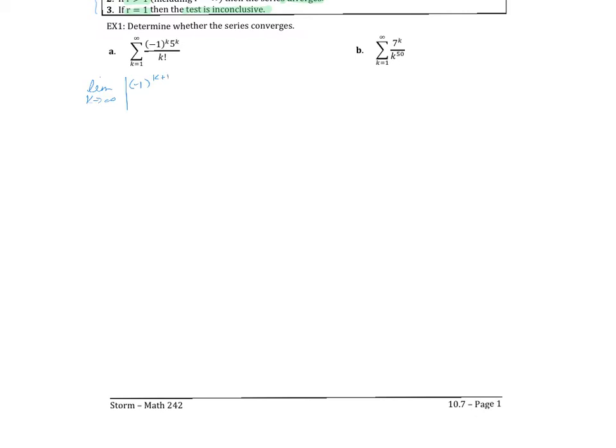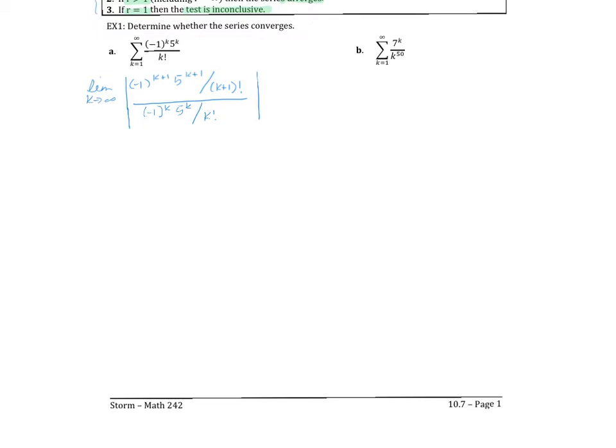So -1 to the k plus 1 times 5 to the k plus 1 divided by k plus 1 in parentheses factorial. And this is going to be all over the k term, which is going to be -1 to the k, 5 to the k, divided by k factorial, all inside the absolute values.